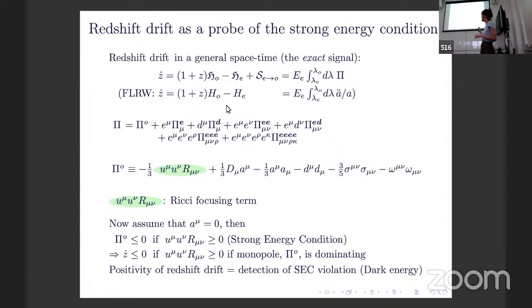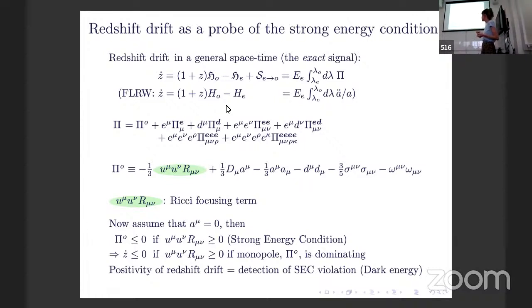So if we can argue that the monopole is indeed dominating the signal over large distances of light propagation, so that we can ignore the higher order terms in this multipole decomposition, then we can say that if the strong energy condition is satisfied, then we must necessarily have negative redshift drift signals.